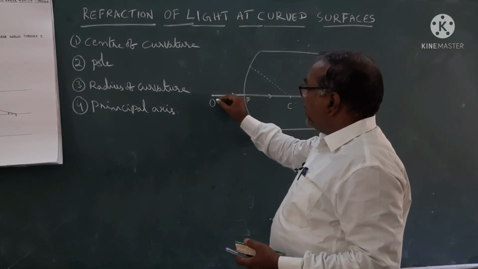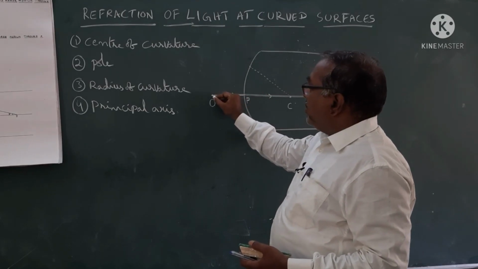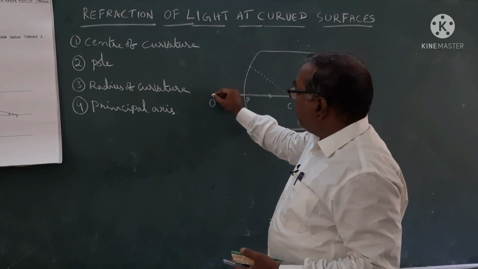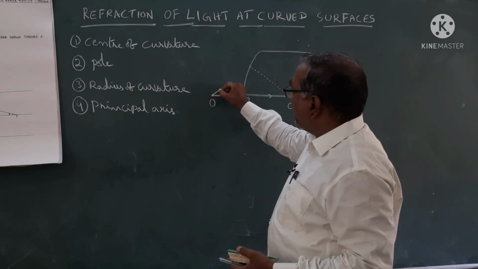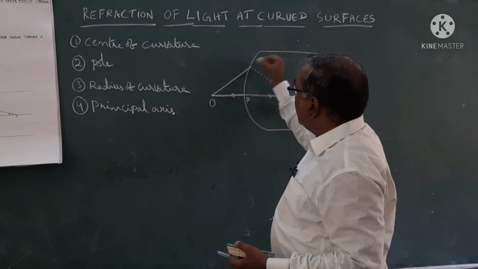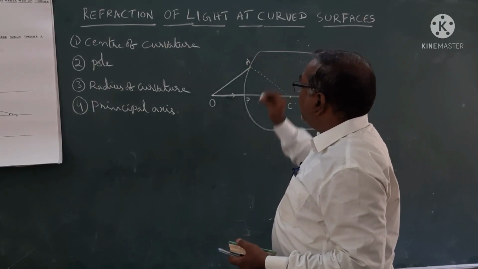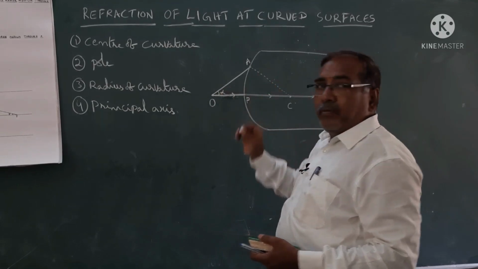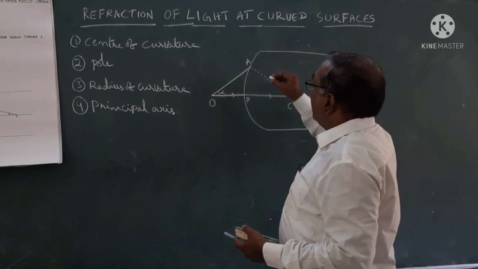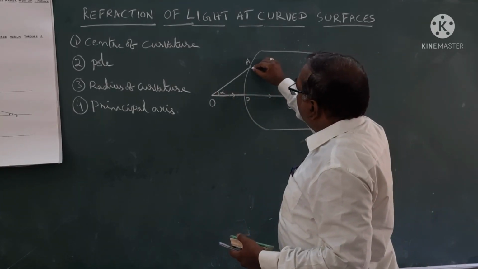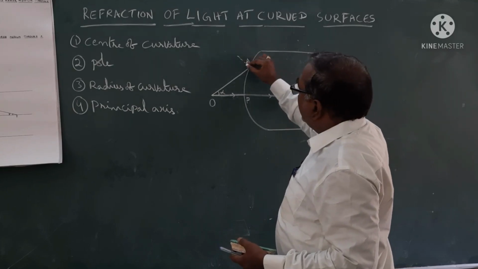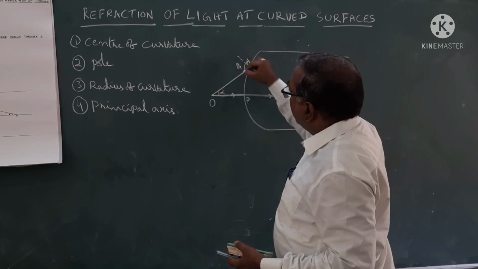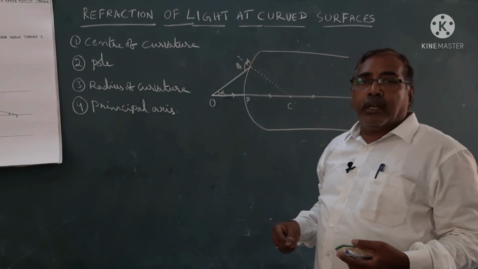Consider another ray starting from the object O and incident on the interface curved surface at A with an angle alpha. Now, extend this normal. Here is the angle theta 1, called the angle of incidence.